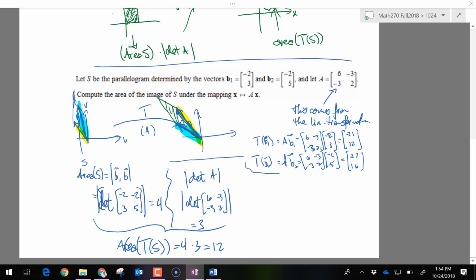So like Erica was suggesting, maybe we know how to take determinants of these things. So why don't we find the area of the vectors, since we know the image of those vectors anyways. So the area of these two vectors is going to be these two vectors.